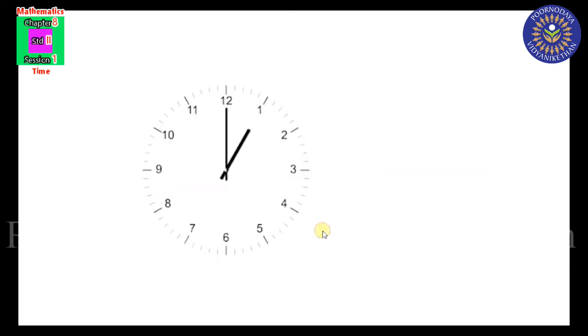One more example. Here, the hour hand is the short hand. The hour hand is at 1 and the minute hand is at 12. If the minute hand is at 12, the hour hand tells us the time. So, what's the time now? 1 o'clock. Clear?